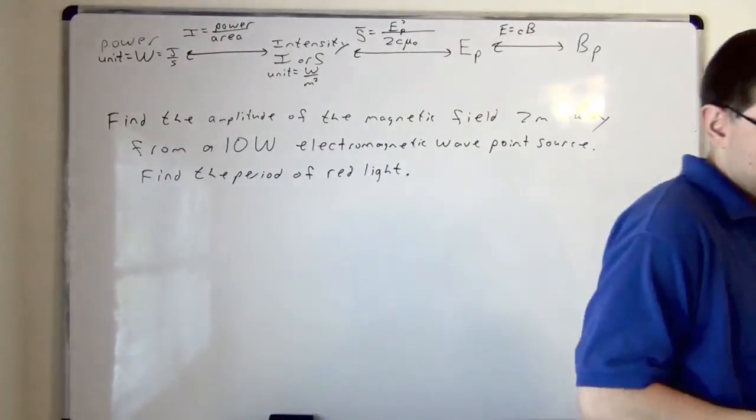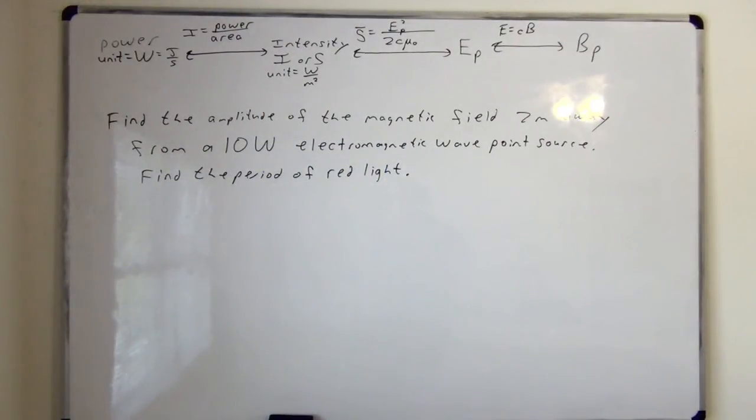Let's try this problem. Okay, so do we write on this? Yeah, please. So you know red light has a wavelength of like 700 nanometers. So you can find the frequency, I guess.